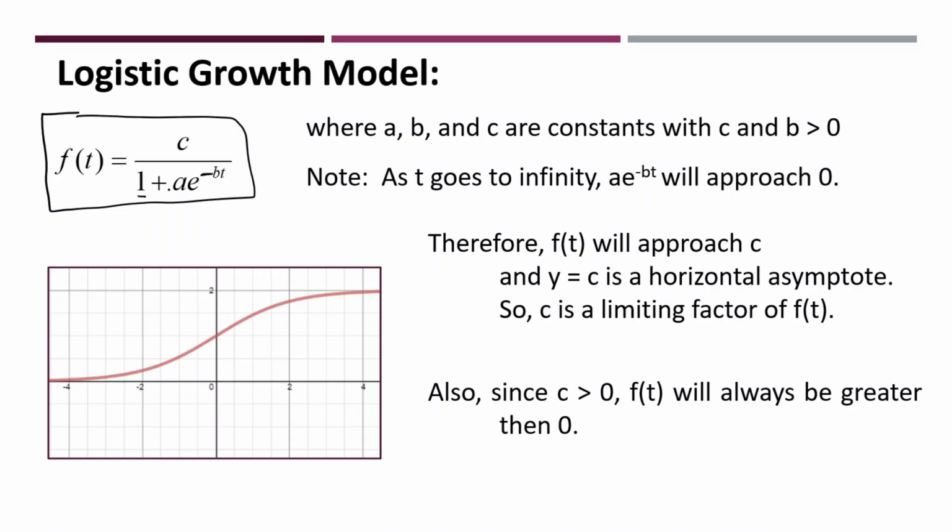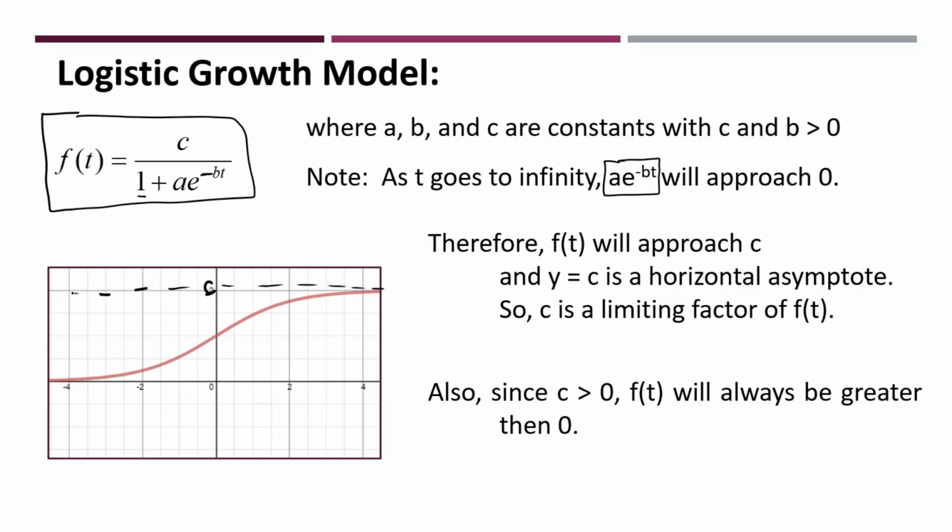So the fraction is getting closer and closer to C. Okay, so this value here in the denominator is approaching 0. That's the horizontal asymptote of an exponential. So f is approaching C, so it also has this horizontal asymptote across here at whatever C is.